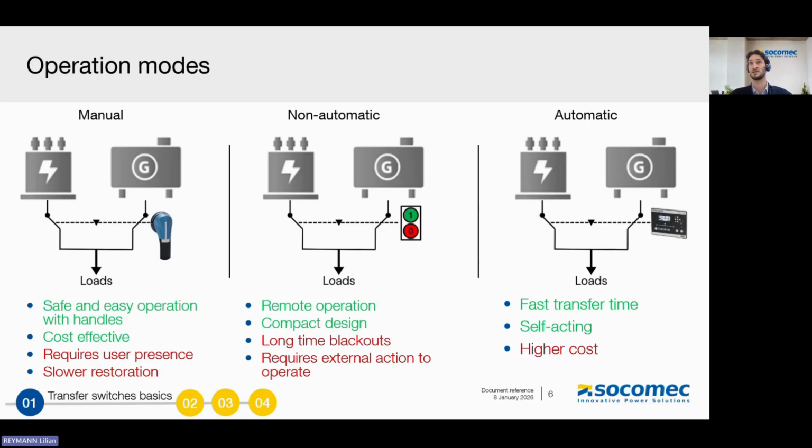It senses the different data on the sources, and allows the switch to self-act depending on the configuration that you set up. As it is more complex and self-acting, and there is a lot of electronics in it, it is obviously higher cost, which may not fit every application, but it is the most advanced transfer switch that you can have on the market.